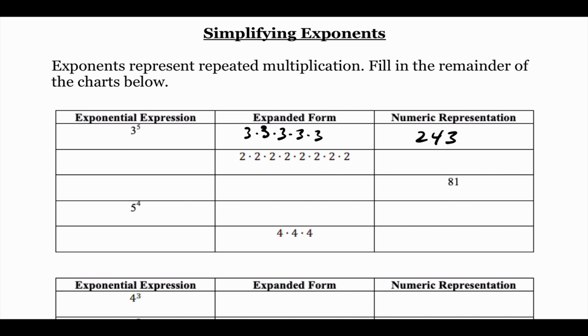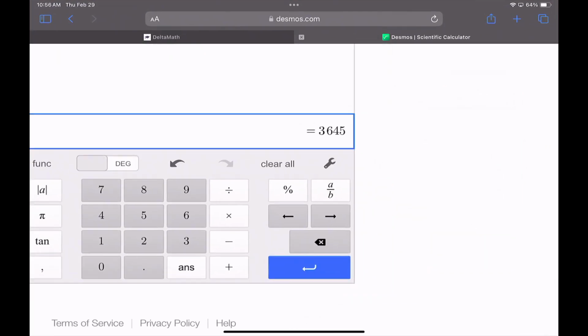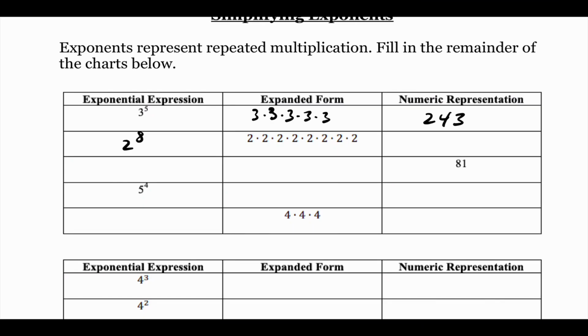Same thing with, let's see, I think it's 2 to the 8th. 2 to the 8th is 256. Okay. 81, you can write a couple different ways. You can say 9 squared, which is 9 times 9, right?